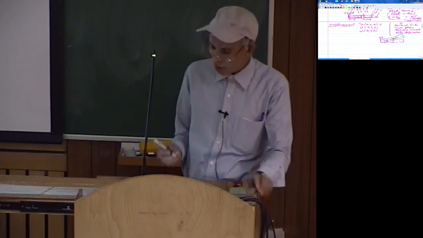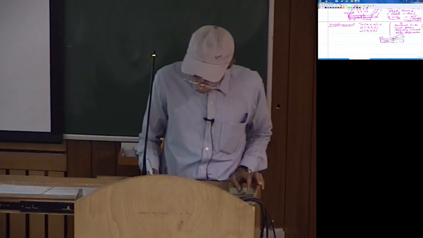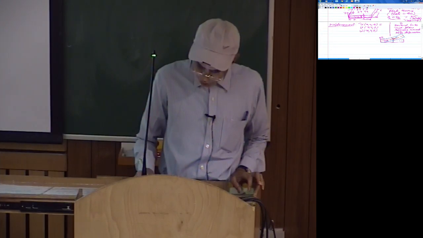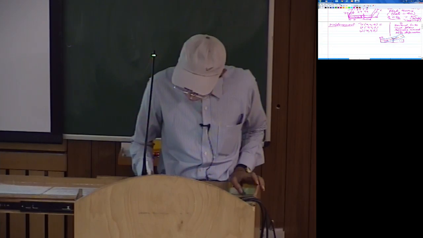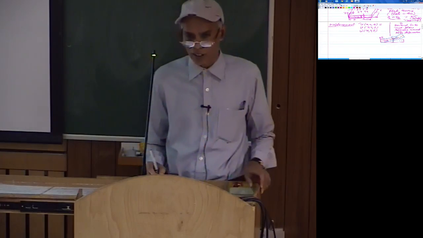So initially this is the normal, that means you have a plate like this, you draw a line here which is perpendicular to the middle surface, apply the load, and it deforms. After the deformation, the original normal takes this shape, but this line remains normal to the middle surface. That means if I draw a tangent here and look at the angle between these two, it remains 90 degrees.